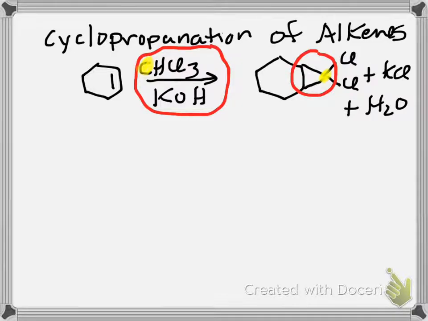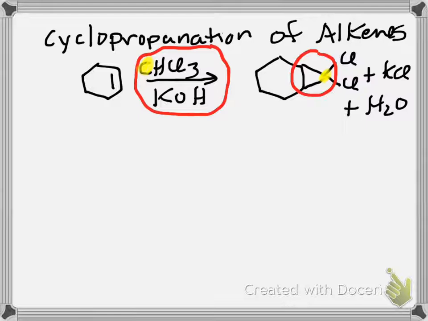So somehow the combination of CHCl3 and KOH has to yield some sort of a carbon bonded to 2 chlorines that is reactive in some way.